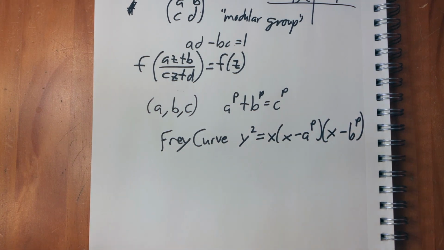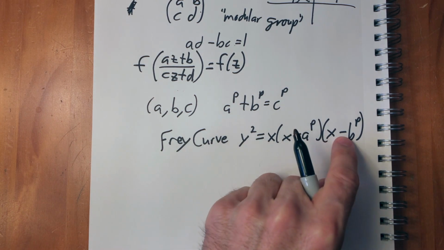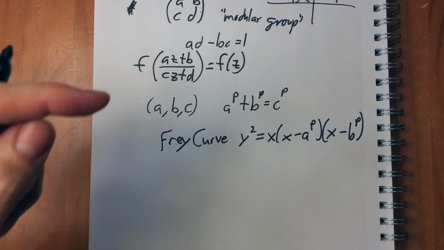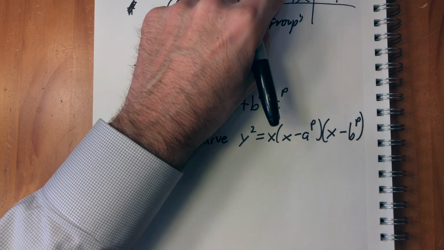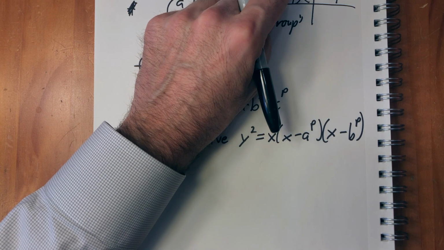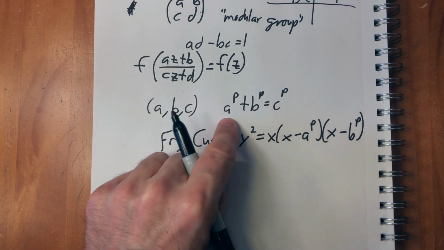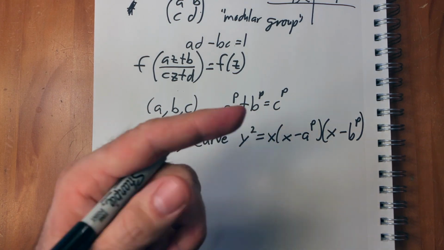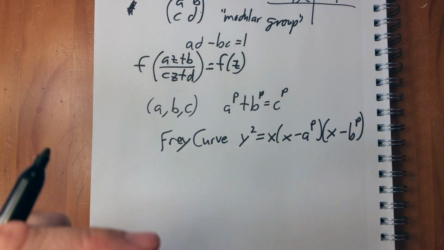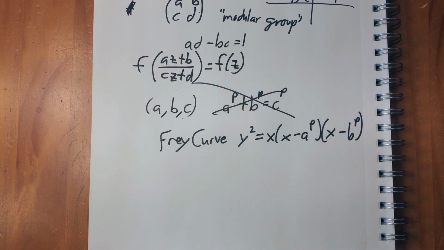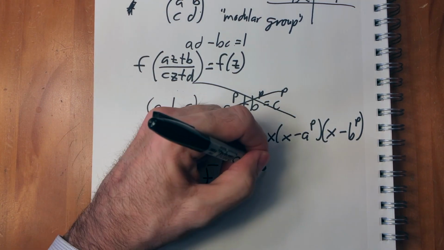And then what Ribet proved is that this elliptic curve cannot be parameterized by a modular function. But what Wiles proved is that every elliptic curve can be parameterized by a modular function. But if there's a solution to Fermat, then this equation would make an elliptic curve that is not modular. So we have reached a contradiction. And therefore, Fermat's last theorem is proven.